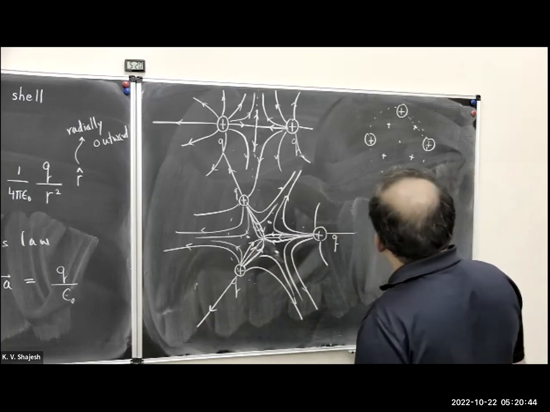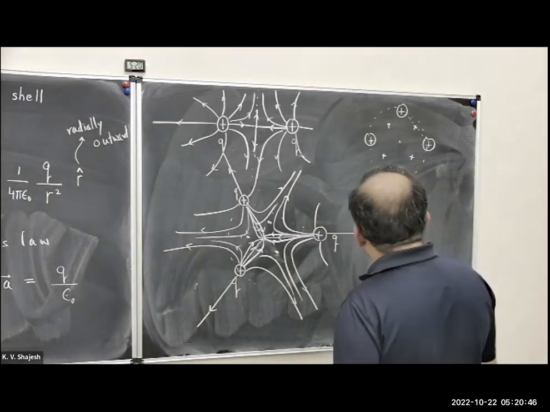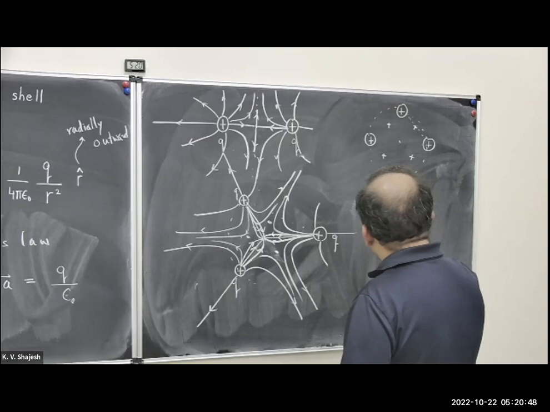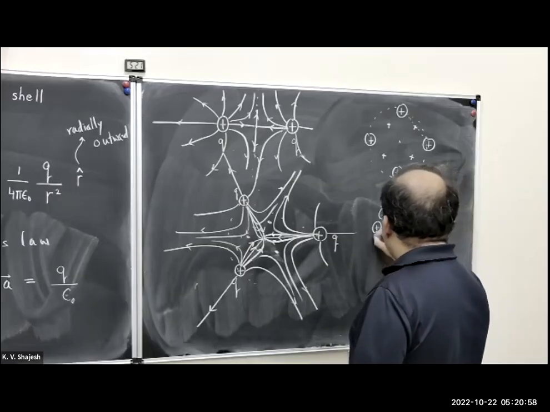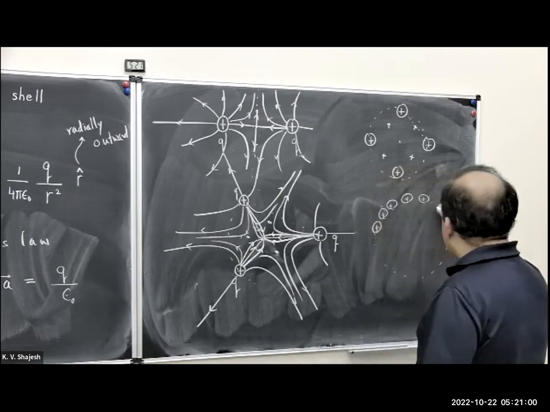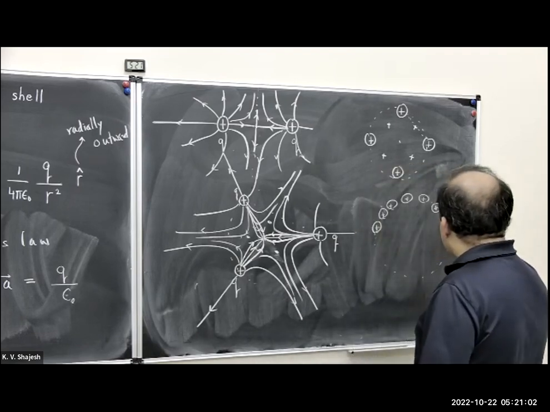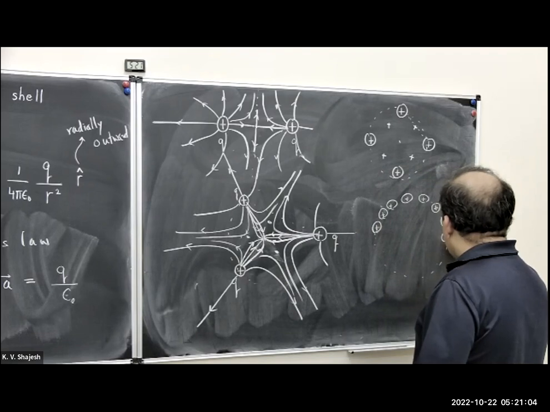So this is a cylinder in a sense, or circular charge. The charge distribution I'm putting is in the plane of the board. I was overdoing it. Completely accepted.